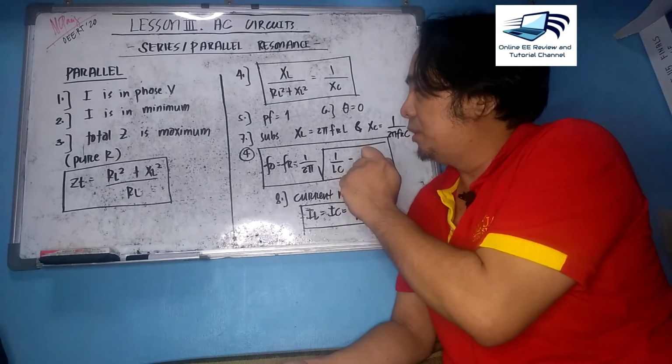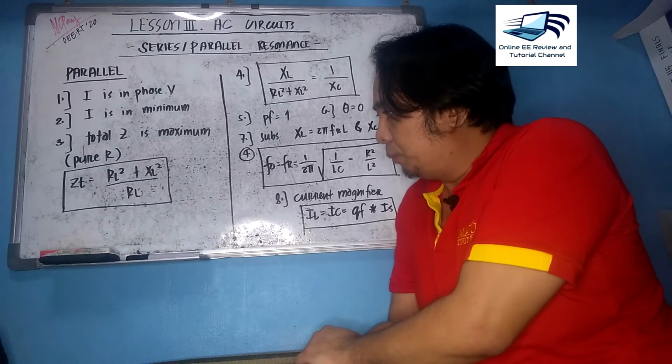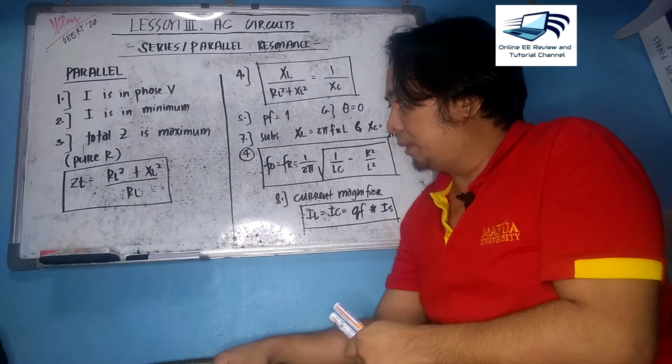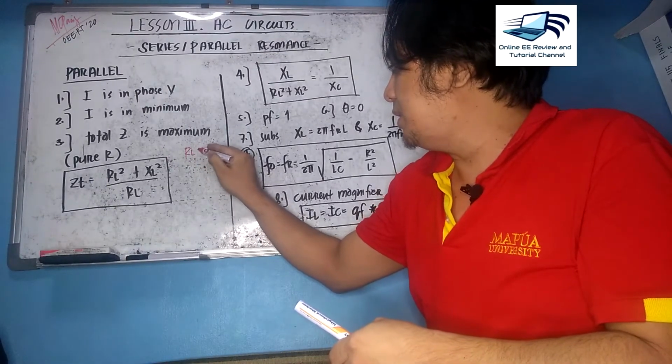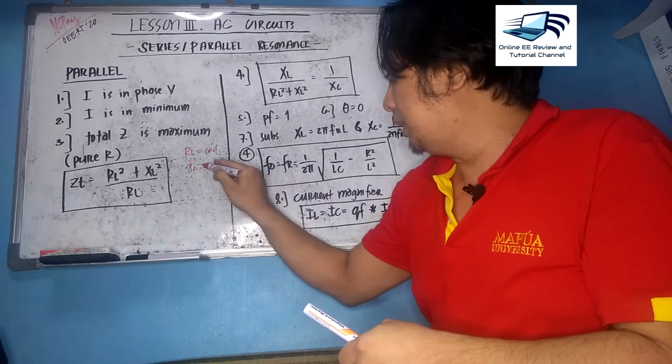The total impedance can be computed using this equation: RL squared plus XL squared all over RL. By the way, the RL here is the resistance of the coil, and XL is the reactance of the coil.